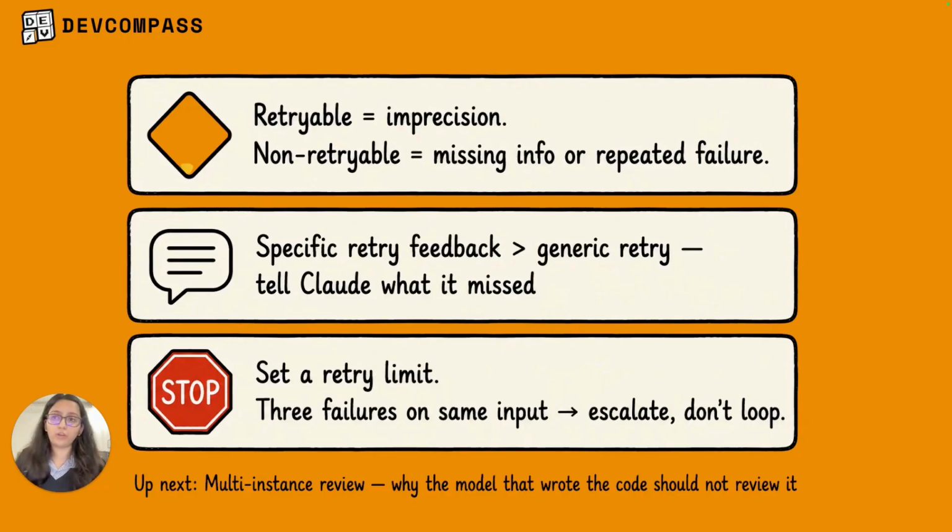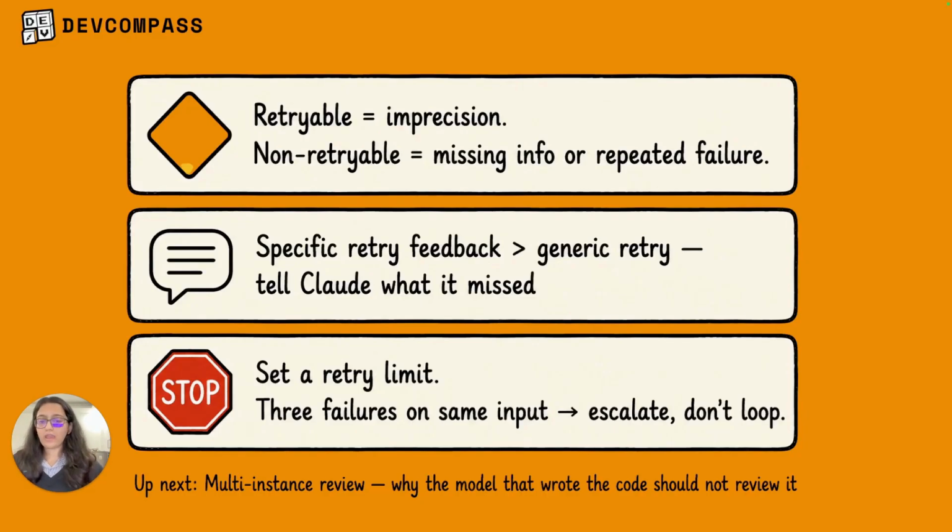You need to tell Claude what it is missing so that it can produce better results. Also, please set a retry limit, because if there are 3 or more failures on the same input, then it needs to escalate. Nothing will change. Okay, so that was it.